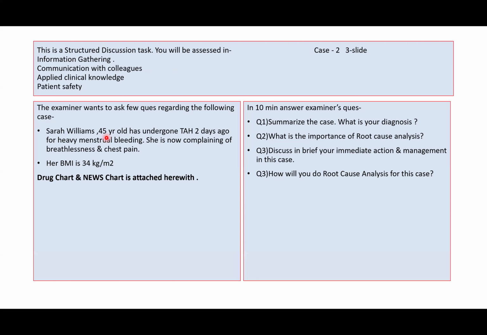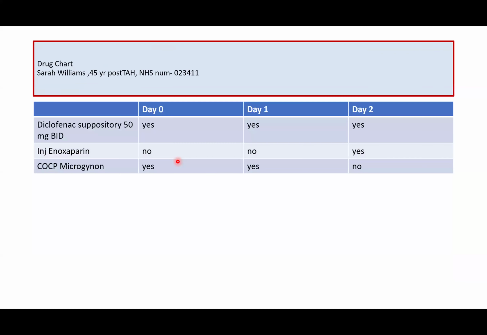Age, risk score will be 1. BMI, risk score is 1. So although she's not having any other risk factors, it is 2. But the main risk factor is that she was taking COCP, and ideally, when should we stop the COCP before the procedure? 4 weeks prior to that. 4 weeks back, exactly.